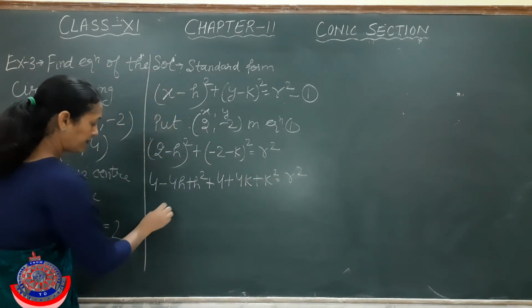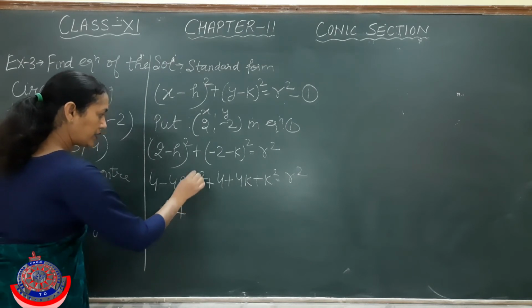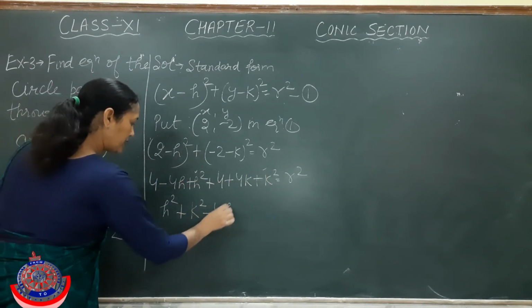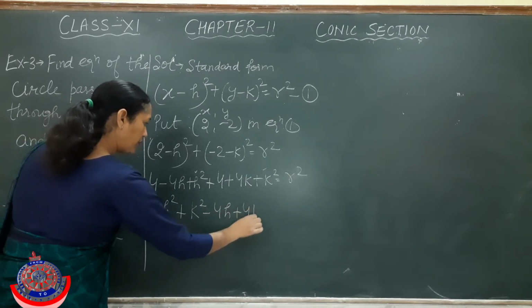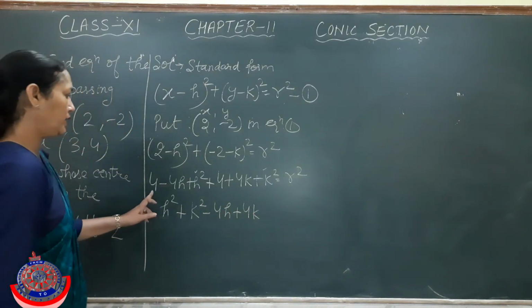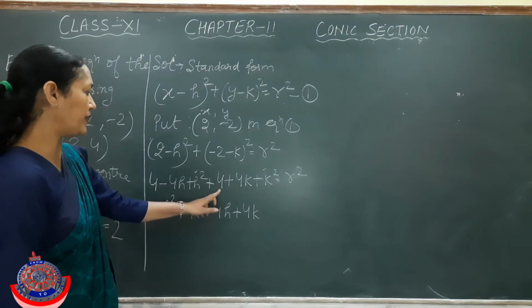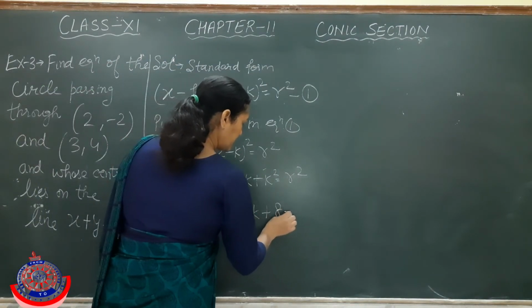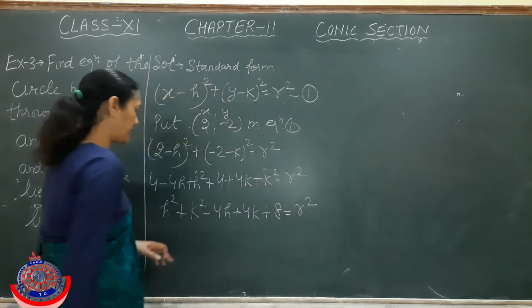So we have obtained h square plus k square minus 4h plus 4k, 4 and 4 8, is equal to r square.